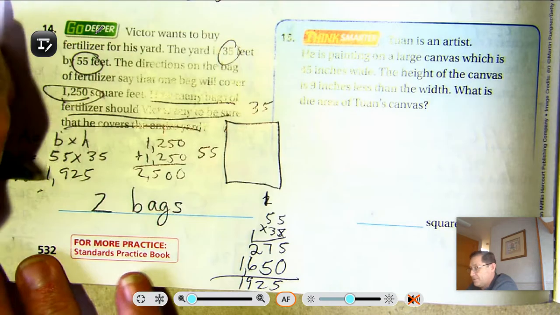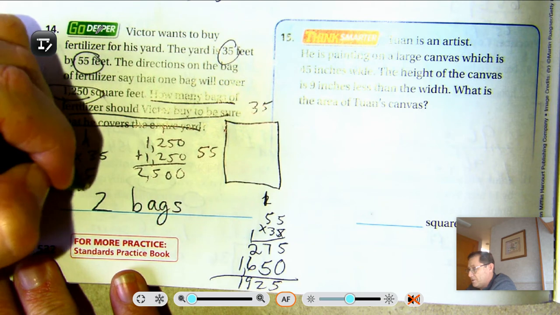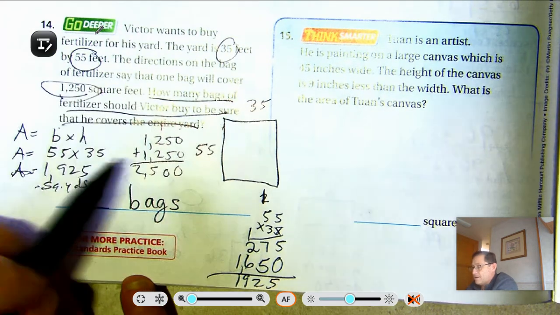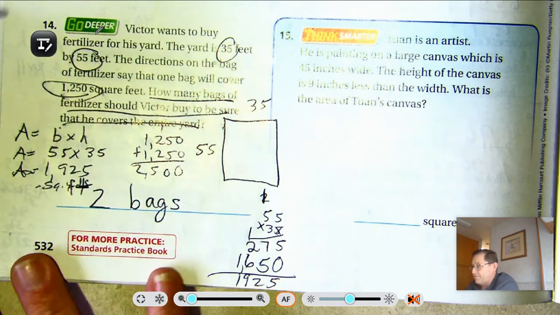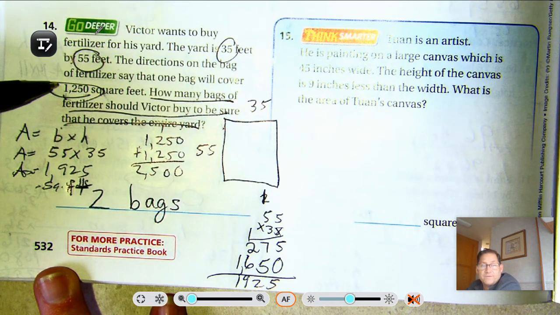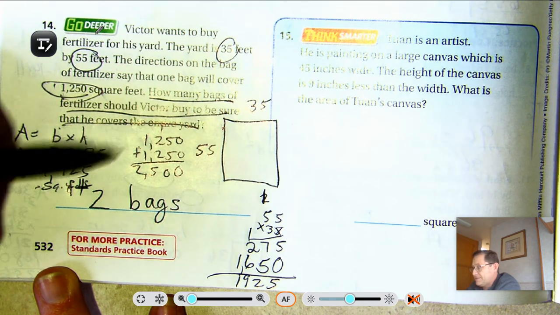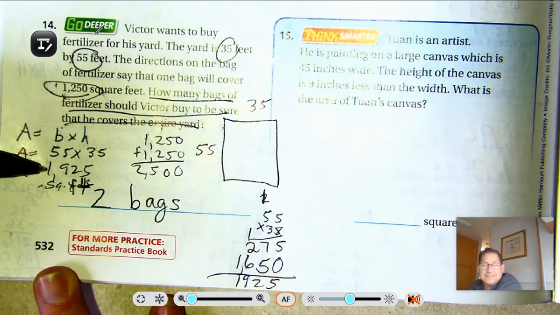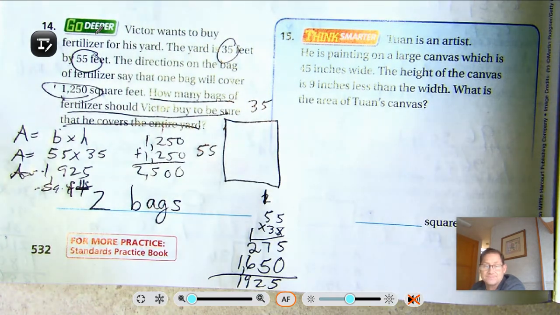Okay, so the area of his yard is 1,925 square feet. The bag that he buys covers 1,250 square feet. So I have to add 1,250s until I get a number bigger than 1,925. And in this case, I only had to add 2 bags.